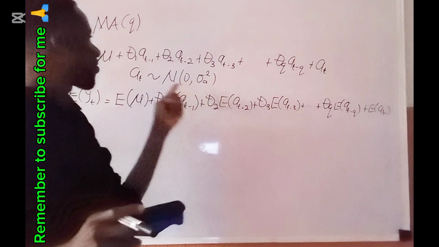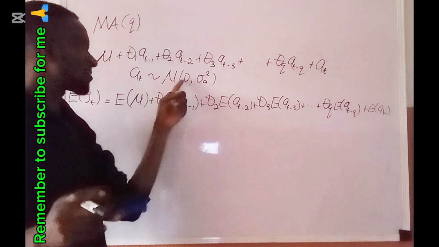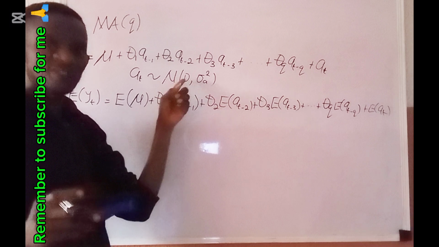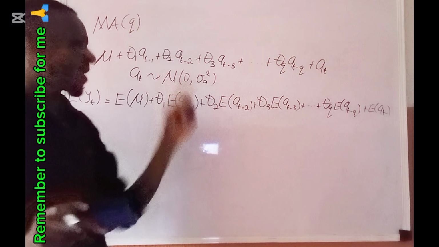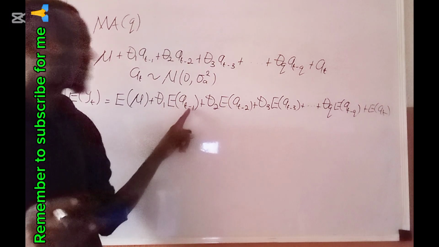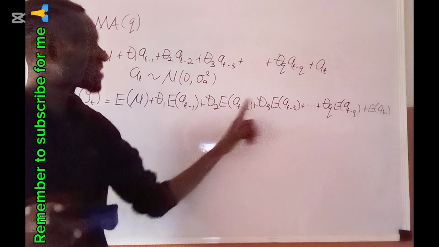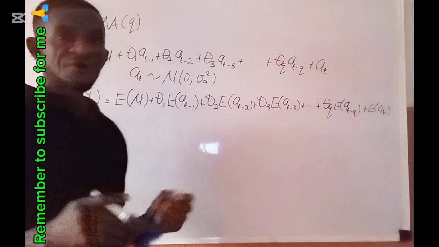And then, of course, we have been told that this error term follows a normal distribution with mean 0, and this mean is what we are referring to as the expected value. So by implication, the expected value of A of t minus 1 is 0, A of t minus 2 is 0, A of t minus 3 is 0, down to A of t.